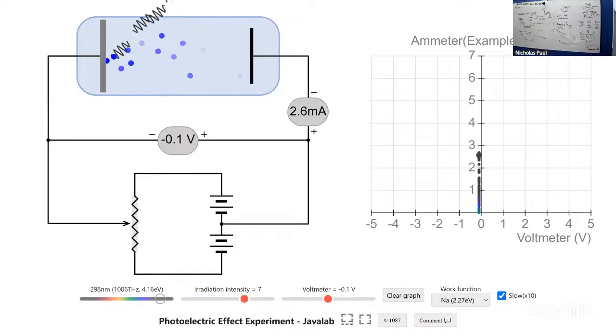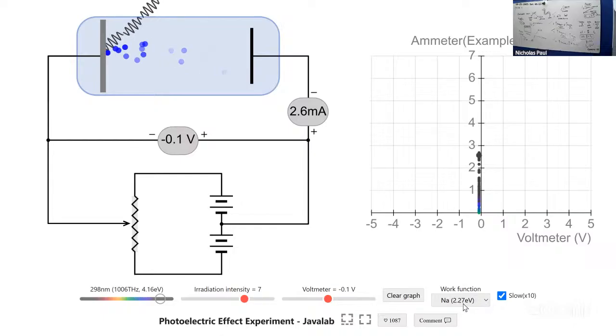Very good. So we can change the voltage. I'll explain the voltage in a little while. But what about changing the metal?